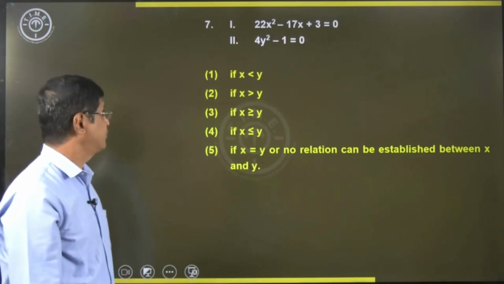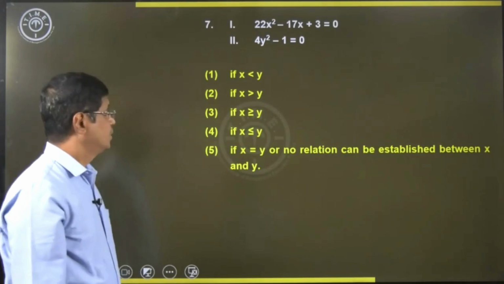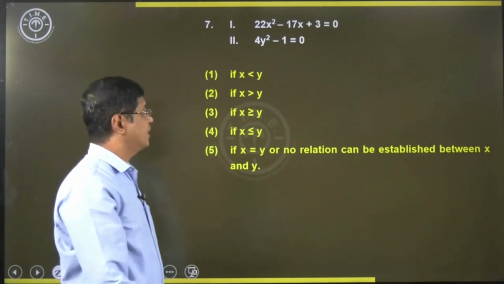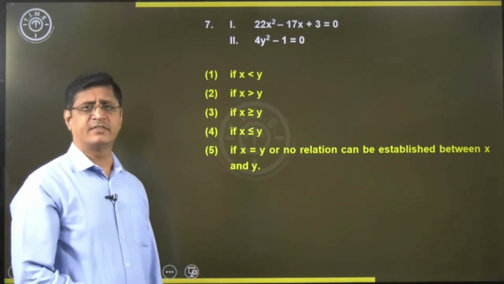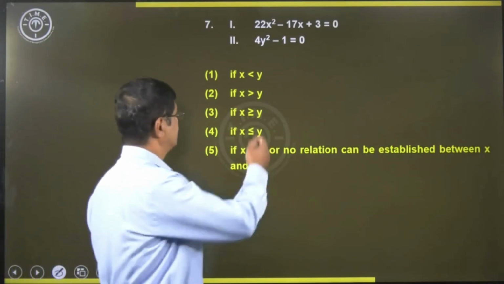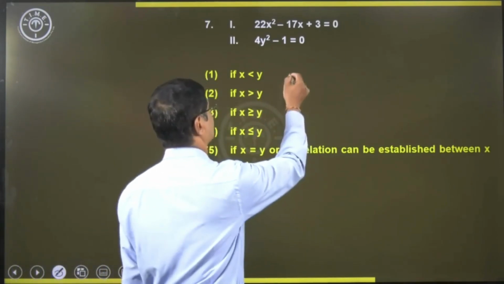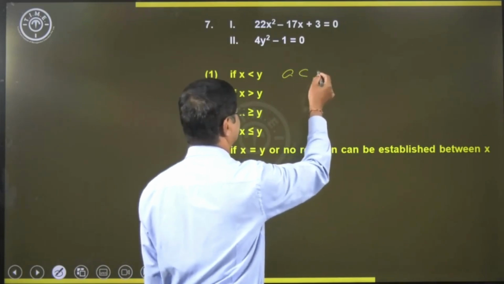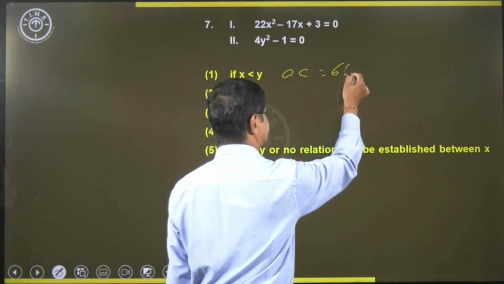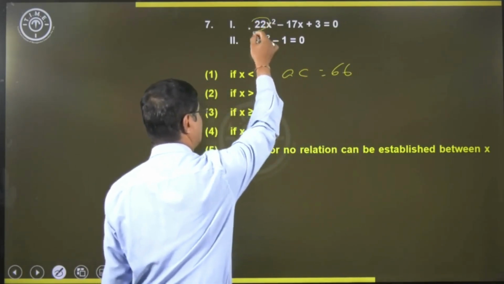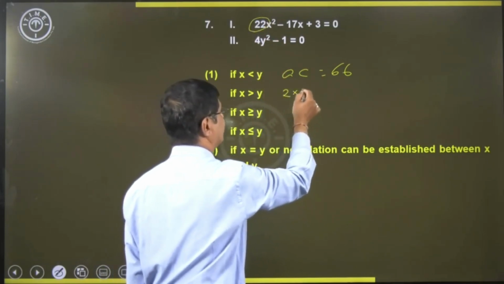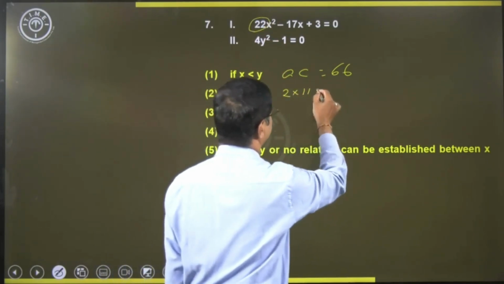Now look at the next example. 22x square minus 17x plus 3. 22x square. A into C is equal to how much here? Positive 66. 22, I am expressing it as 2 into 11, and 3.